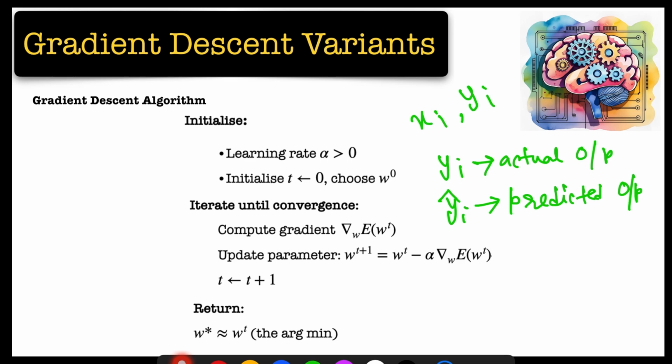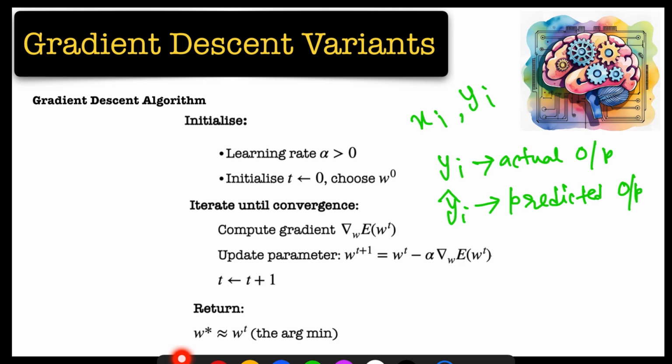Now we will have some loss function that compares this actual output and predicted output, and that's how we get the loss or error. So E of Wt is the error or loss, where Wt is the weight parameters at iteration t, and E of Wt is the error at that iteration.